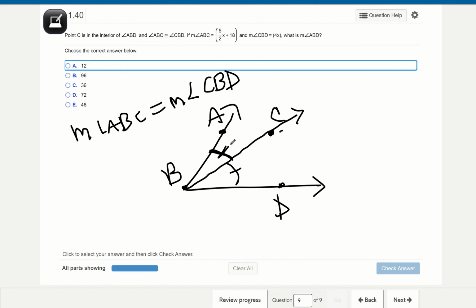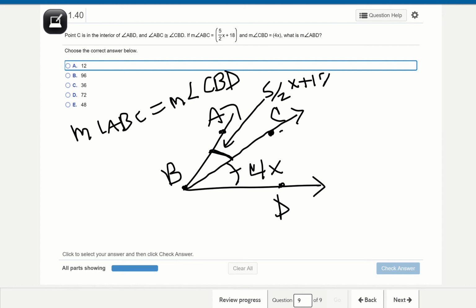And then we know that this angle right here, ABC, is 5 halves x plus 18. And then this other angle is 4x. Okay.